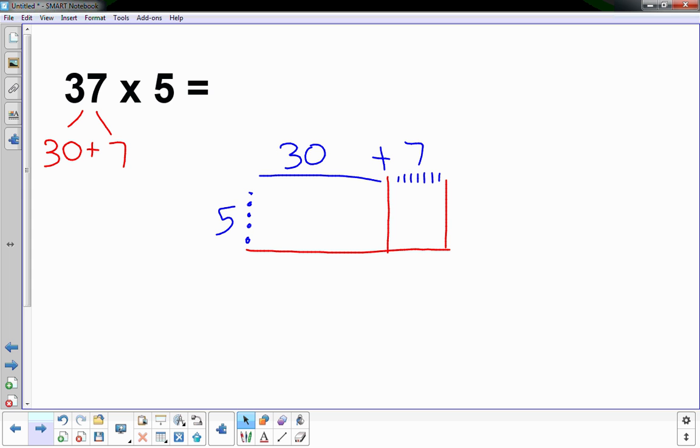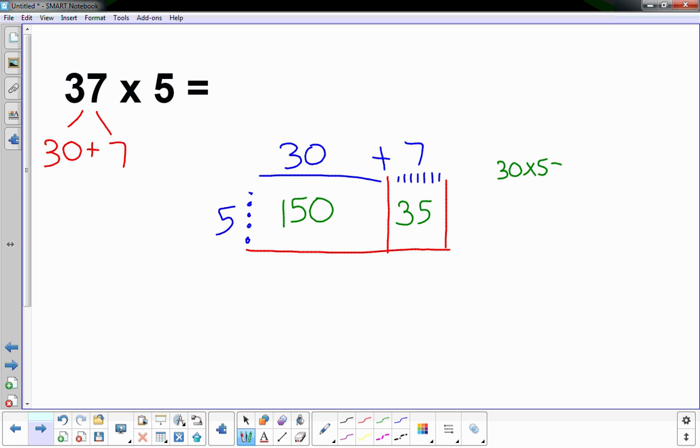So the first one, 30 times 5, well, 3 times 5 I know is 15. There's a 0 in 30, so it's 150. And then the next region on the right, 7 times 5 is 35. So 30 times 5 is 150. 7 times 5 is 35. I would add these together. I get 185.